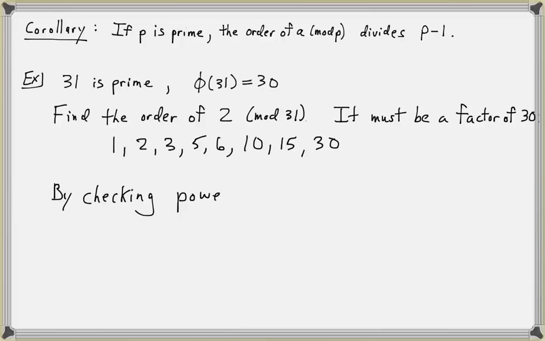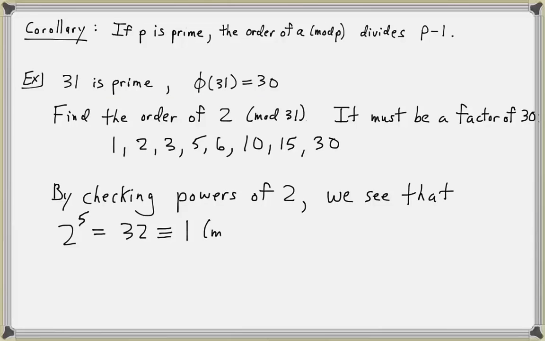By checking powers of 2, we see that 2 to the power 5, which is 32, is congruent to 1 mod 31, and no smaller power of 2 will work. So therefore, the order of 2 mod 31 is 5.